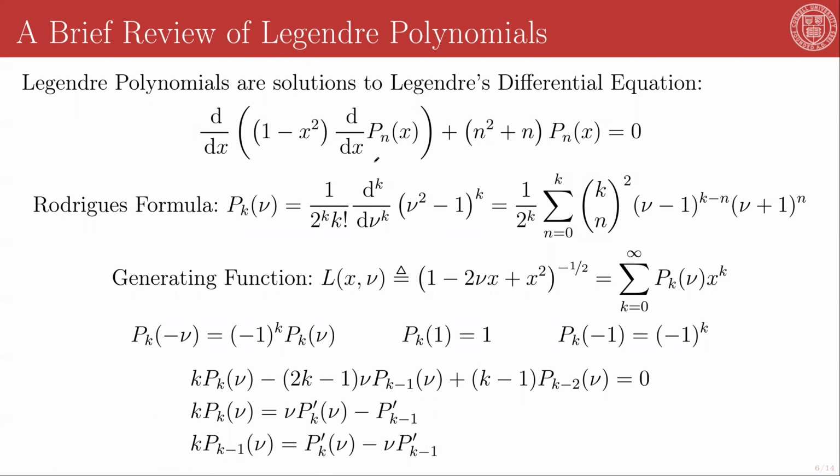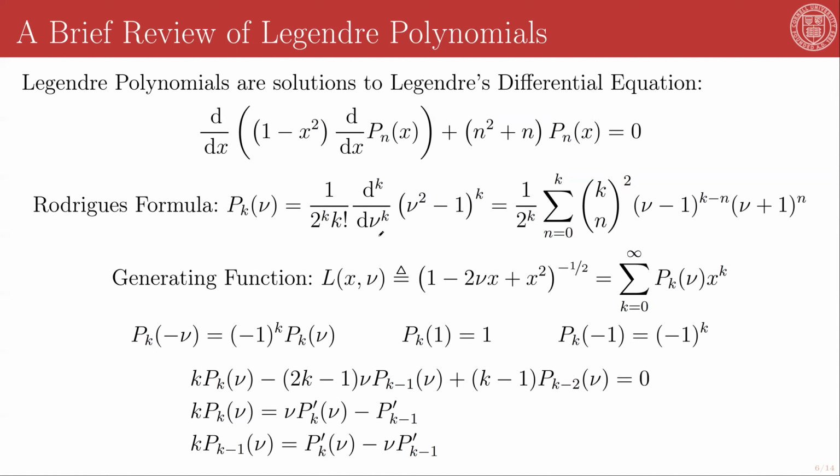We can find the solutions to this from something known as Rodrigues' formula, which tells us that the kth Legendre polynomial of argument ν is equal to 1 over 2^k k! times the kth derivative in ν of the expression (ν² - 1)^k. And this can be rewritten as a sum from n equals 0 to k of (k choose n) quantity squared times (ν - 1)^(k-n) times (ν + 1)^n, all scaled by 2^k.